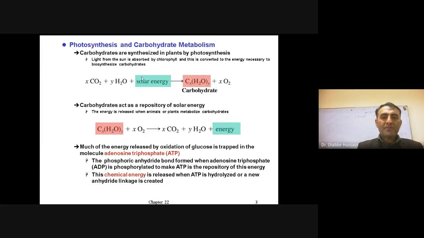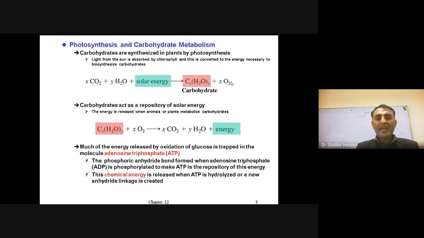In the presence of sunlight and chlorophyll, they convert these into carbohydrate, which is a source of food in plants as well as in animals. As a byproduct, oxygen is produced, which is useful for human beings. This oxygen is responsible for human survival in this world, right?